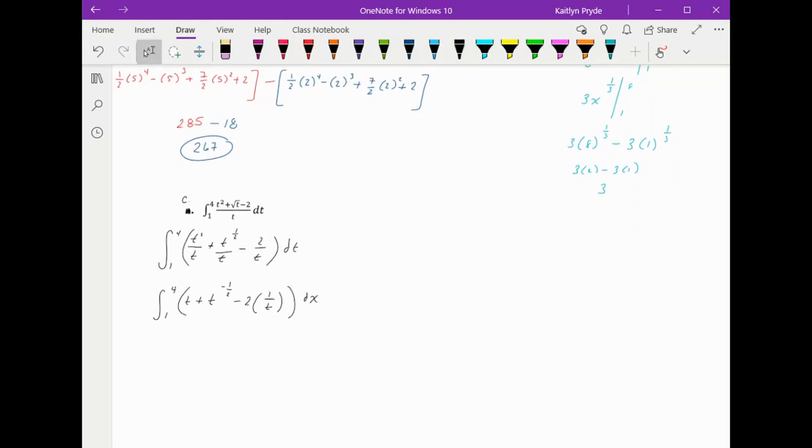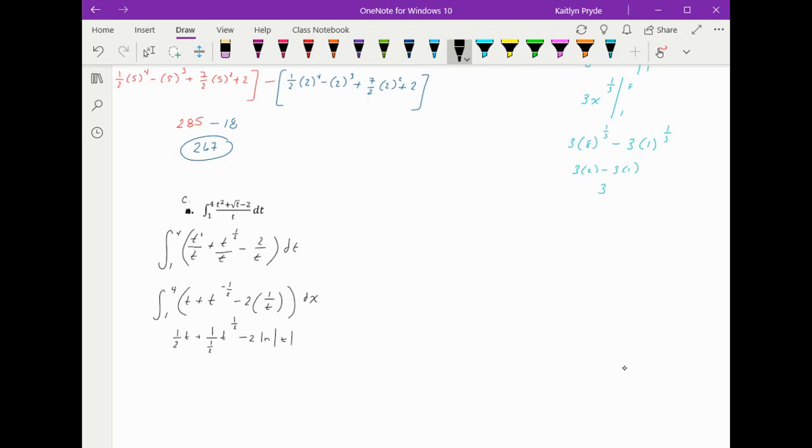Okay, so now that I've simplified, I'm going to take my antiderivative. This ends up being 1 over 2 times t squared, plus 1 over negative 1/2 plus 1, which is 1/2. So it's 1 divided by 1/2, t to the 1/2, minus 2 times the natural log of t.